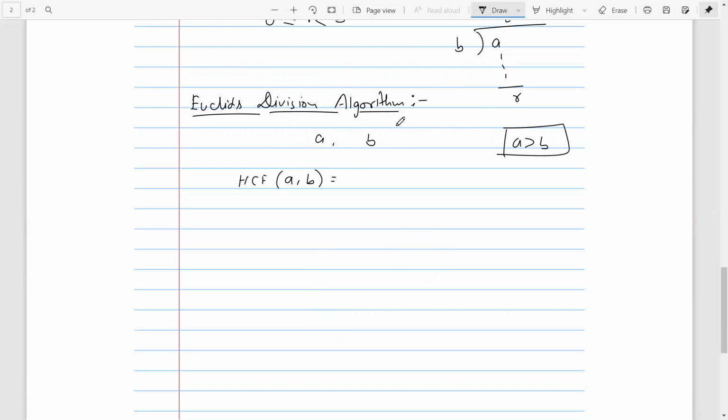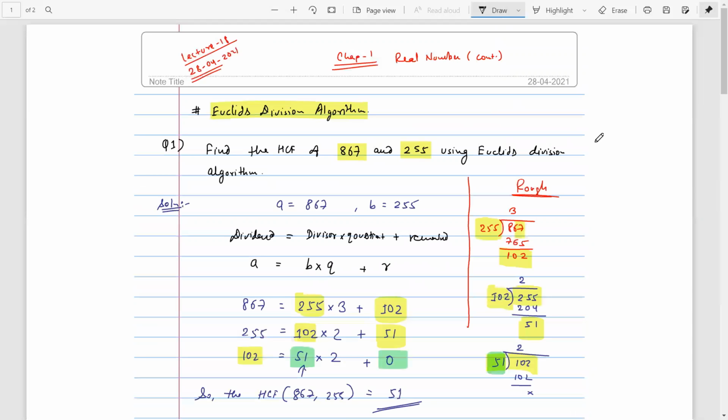We had a question in today's class related to this, so we'll take up the same question for Euclid's division algorithm. Let's see how we find the HCF of two numbers using Euclid's division algorithm. This was the first question we discussed today.